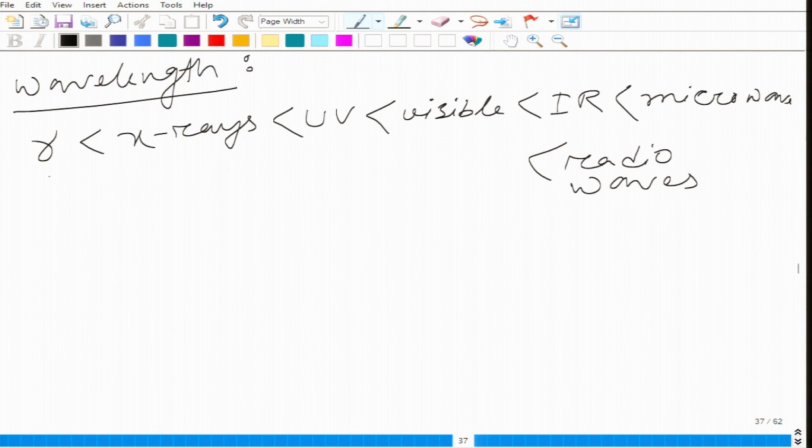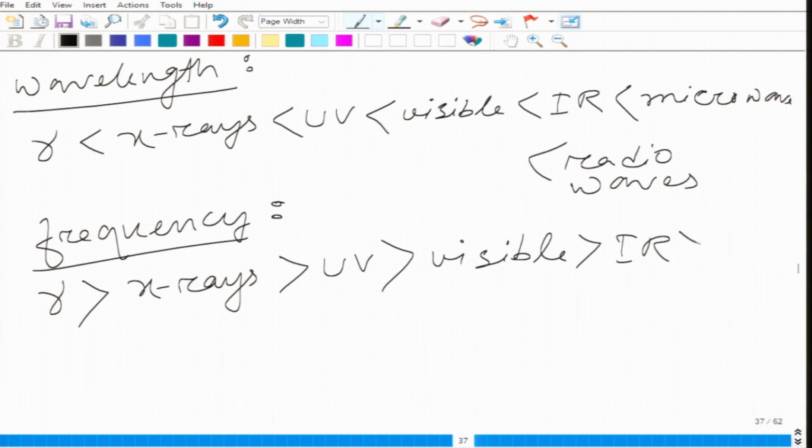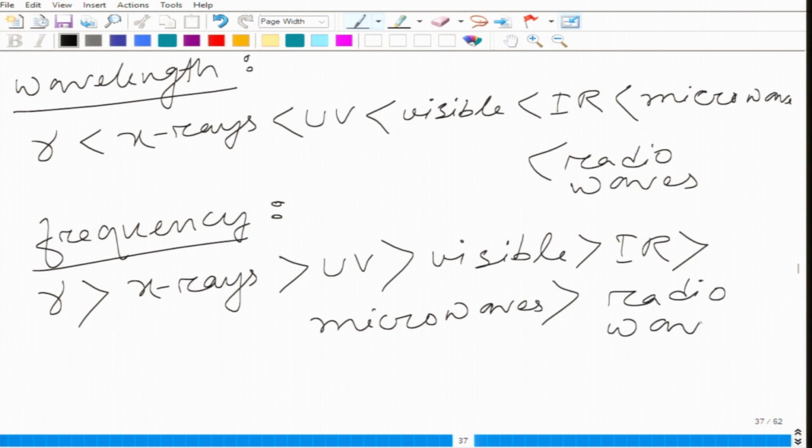This is the arrangement according to wavelength, and according to frequency, the order will be just the opposite: gamma rays will have the highest frequency, then X-rays, then UV, then visible, then IR, then microwaves, then radio waves.